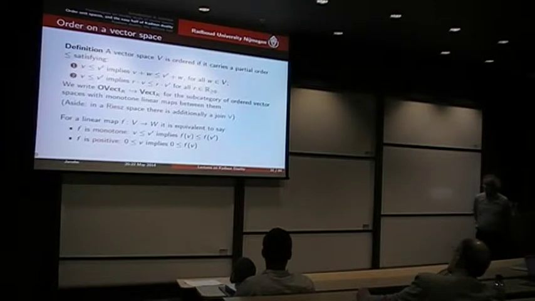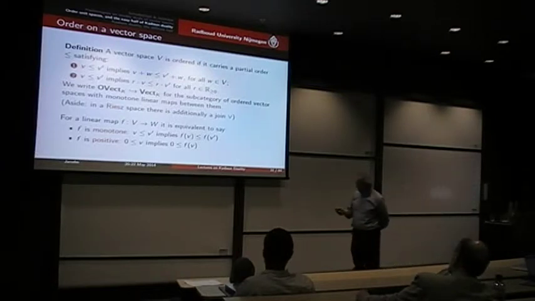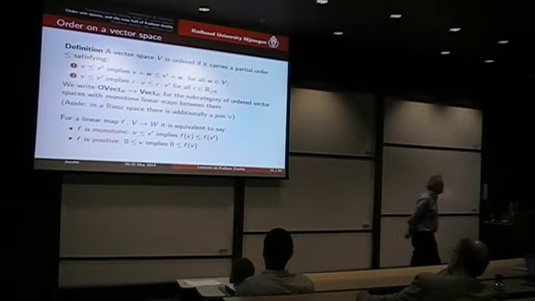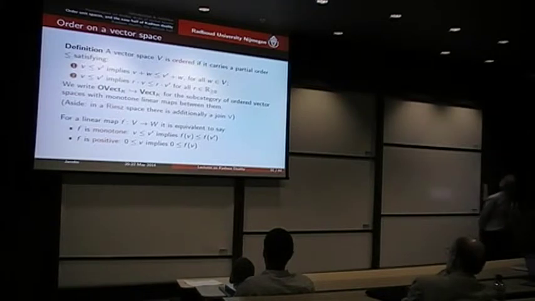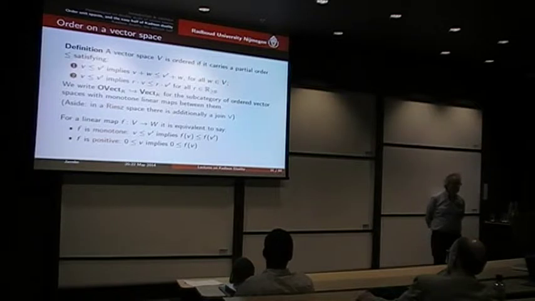And then there's another slight difference in terminology between order theory and domain theory. People tend to speak about monotone functions. In this tradition in functional analysis, people talk about positive functions, but basically this means the same because we can subtract elements.